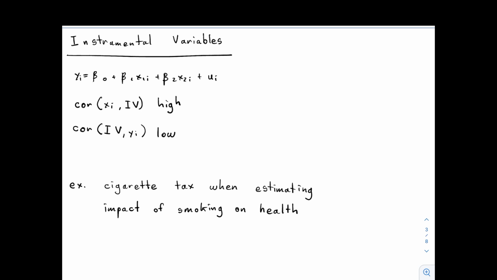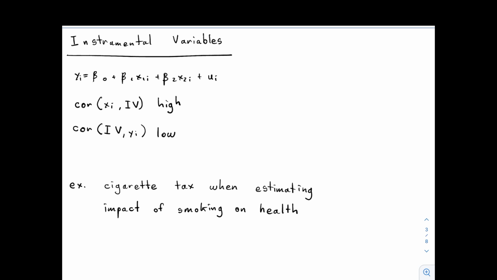It's really something that would allow us to say if there is some kind of correlation between health outcomes and cigarette taxes.